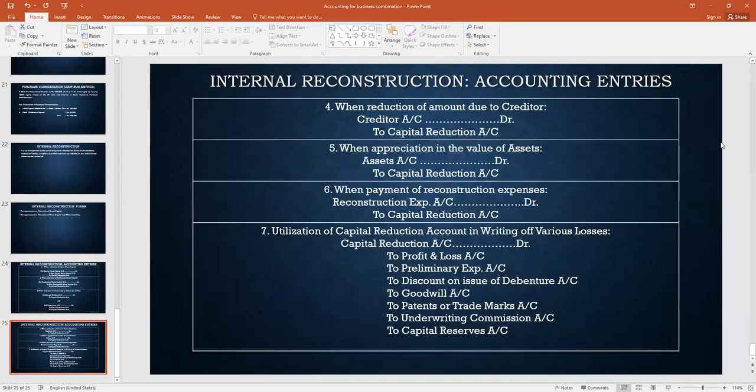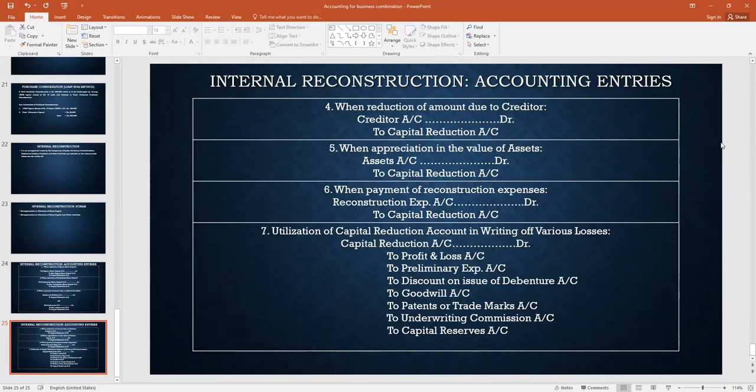If the company has decided to reduce the amount due to the creditor, we know that the creditor is our liability. If the company wants to reduce the amount due to the creditor, then the journal entry will be creditor account debit to capital reduction account. So these are the entries related to the reduction of liabilities or share capital.